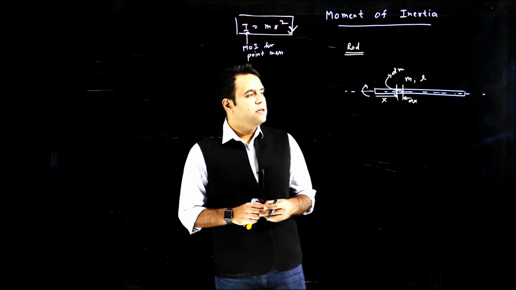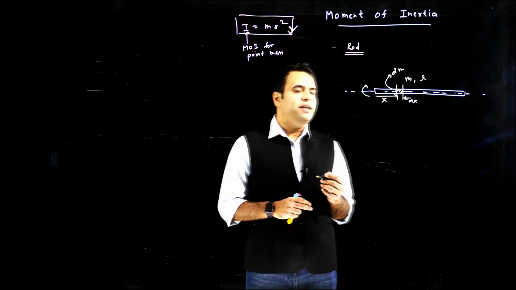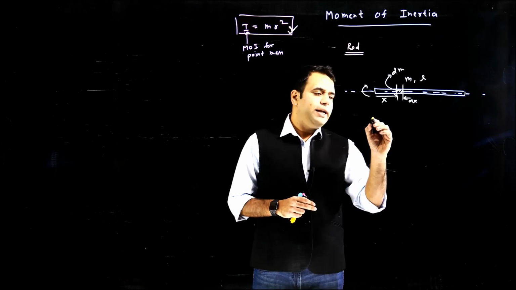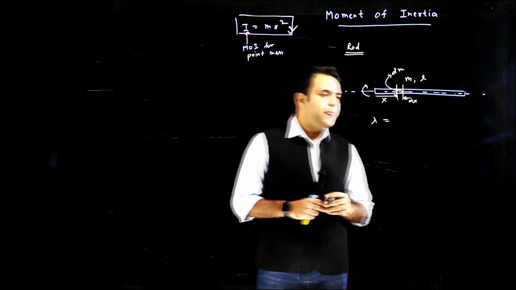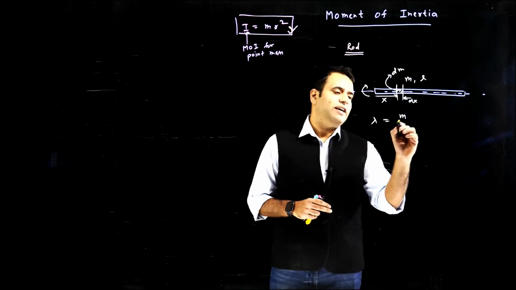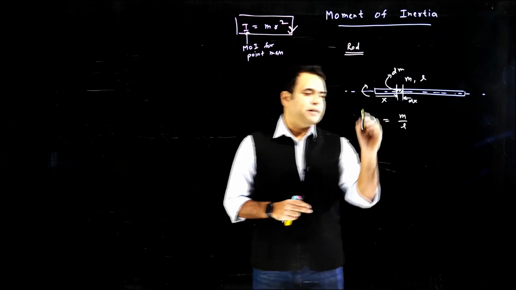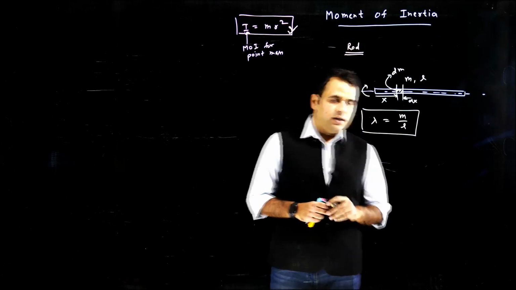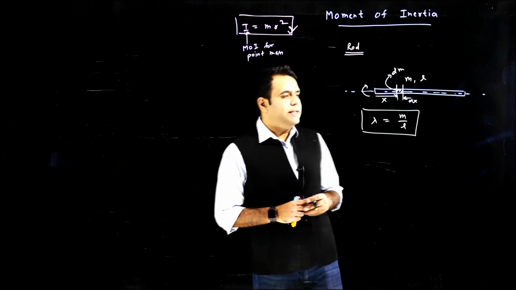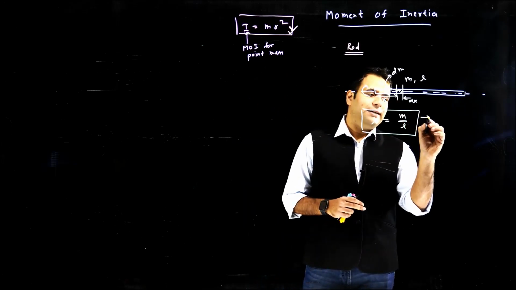Okay. So let's first calculate the linear density for this rod. The linear density, defined as lambda, will be equal to total mass divided by L. This becomes the linear density for this rod. While defining the linear density, I have assumed that the density is uniform.